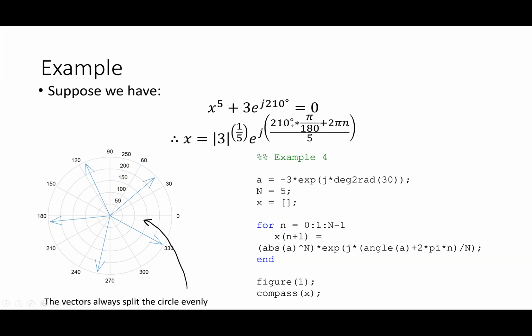As I looked at this, I have x to the 5th equals, I just left it as -3 e to the j 30 degrees. So I just left it that way. And I said n equals 5, so that's this guy's n.